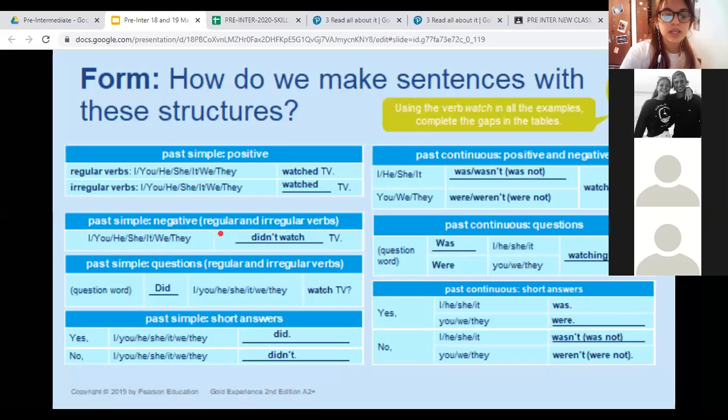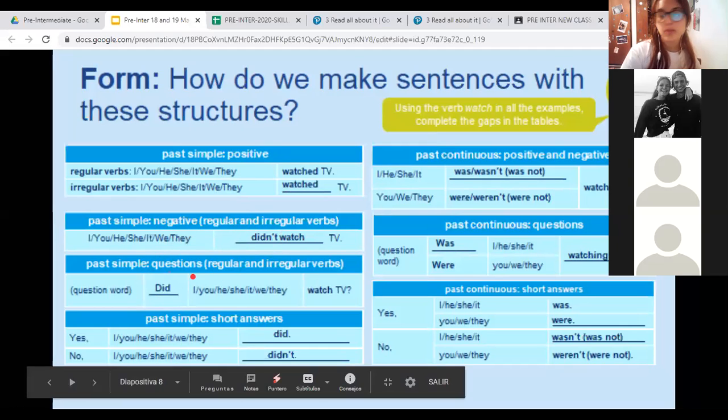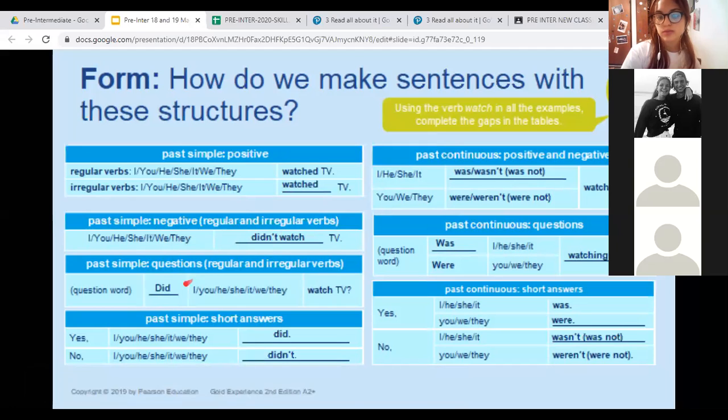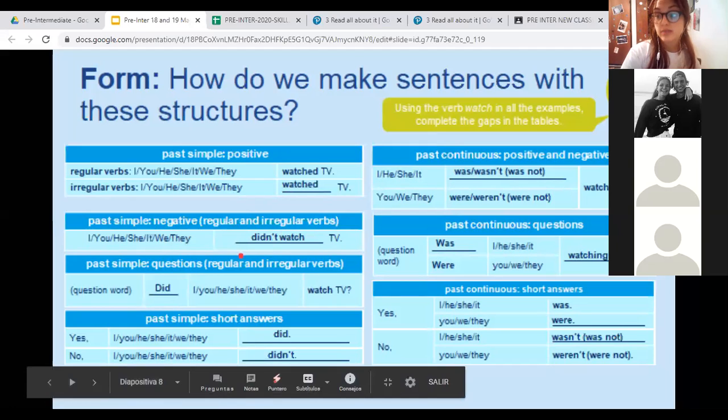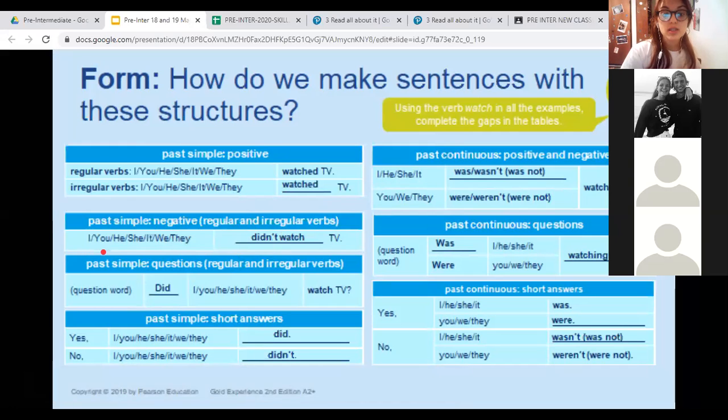That is for positive sentences. But then we have negatives and questions. And here we will not use those forms. We will use the auxiliary. What is the auxiliary of the past simple? Did or didn't. Correct. So to make a negative sentence, we will use the subject.